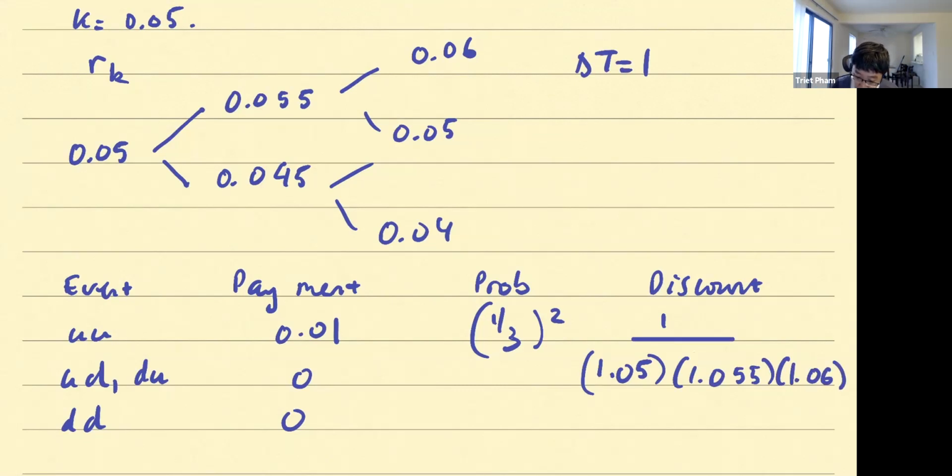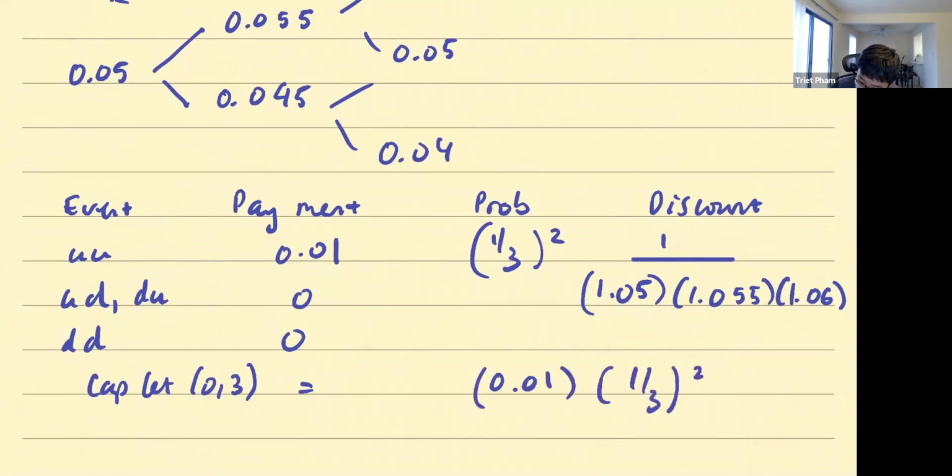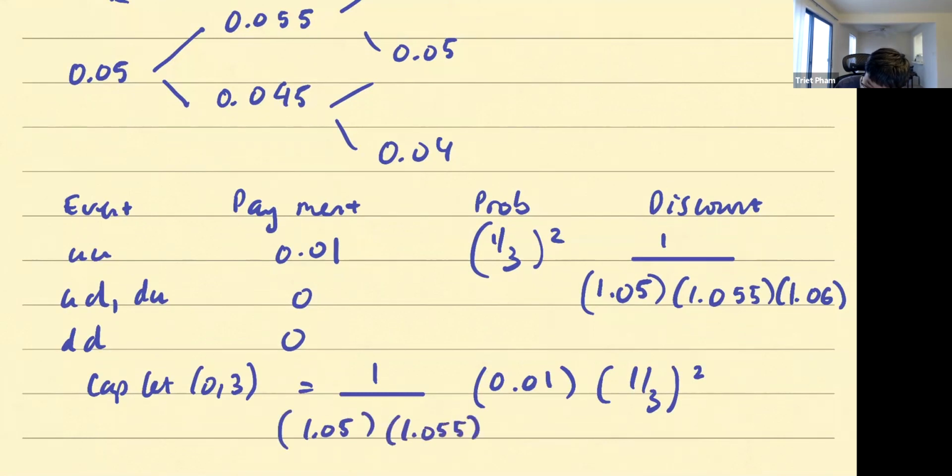So all in all, the price of the caplet in this exact event will be 0.01 times 1/3 squared, divided by all this discount. That's the caplet for this strike.